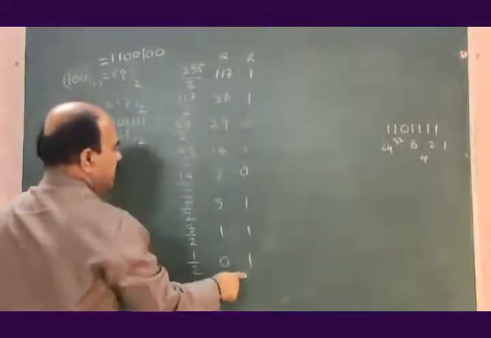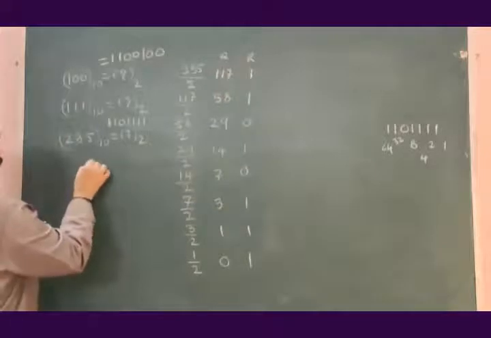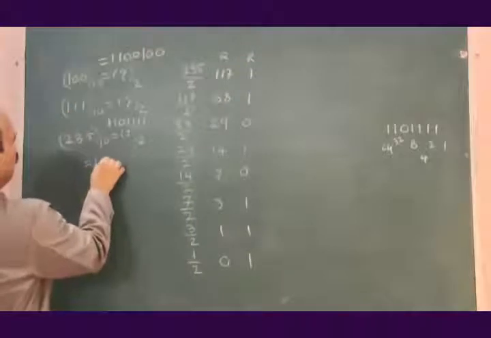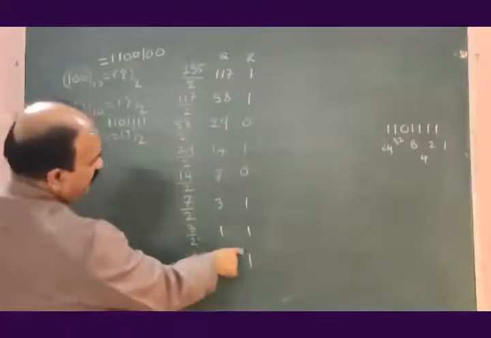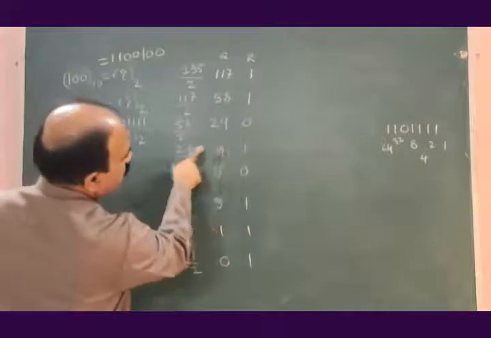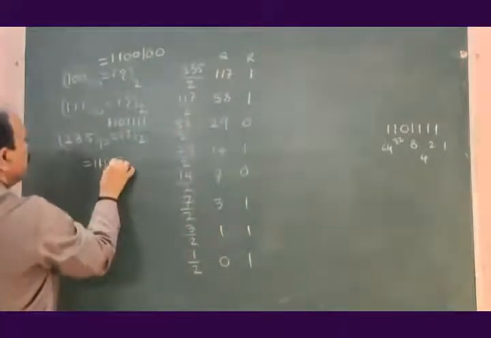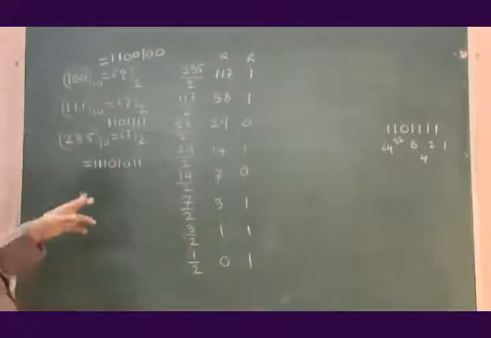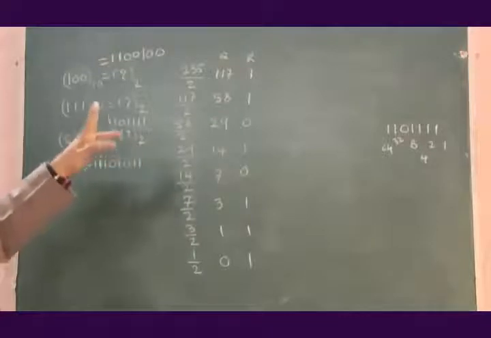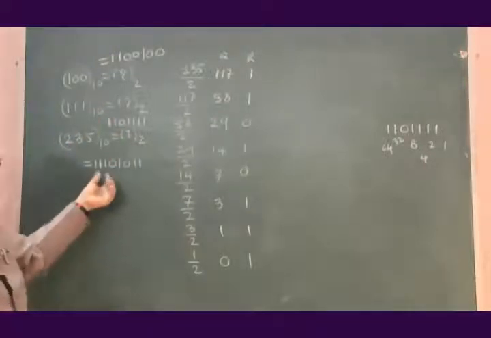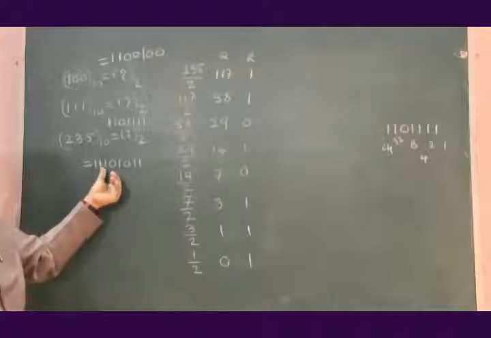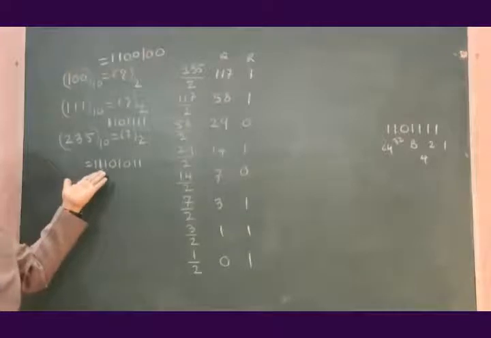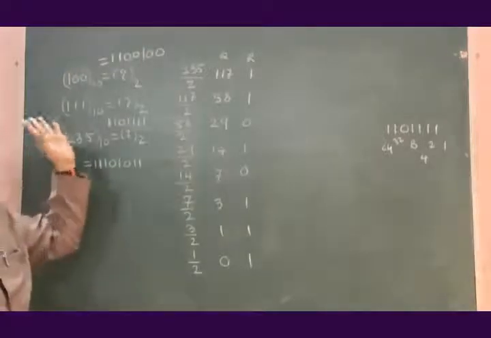This is LSB, this is LSB, and 235 in decimal is 1 1 1 1 1 0 1 0 1 1 in binary.